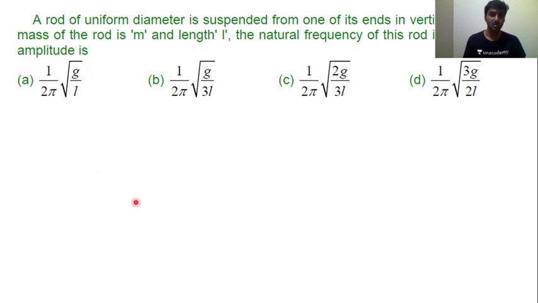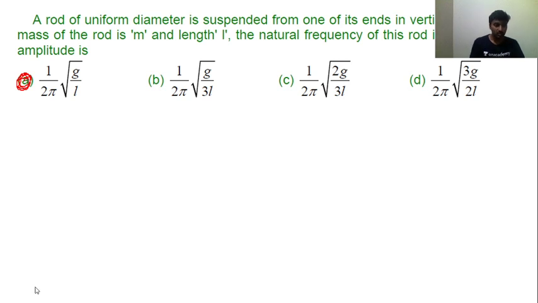Okay, what about the answer? Already we have discussed this for the simple pendulum. The natural frequency is equal to 1 divided by 2 pi into root of g divided by L. So this is the correct answer for the given question.